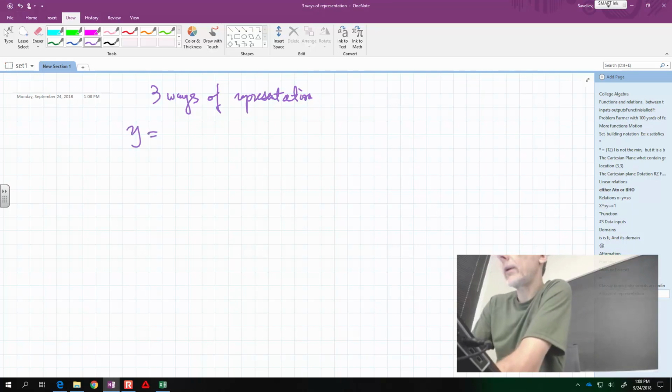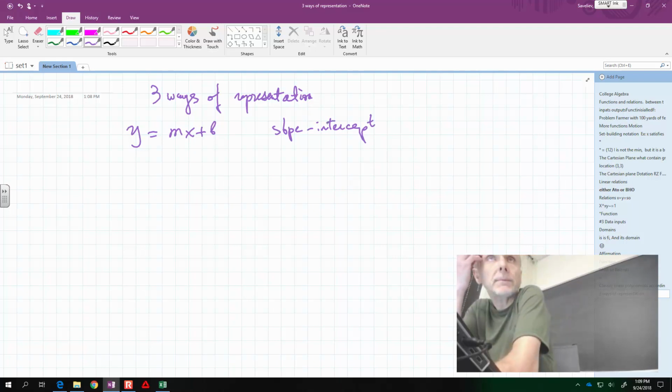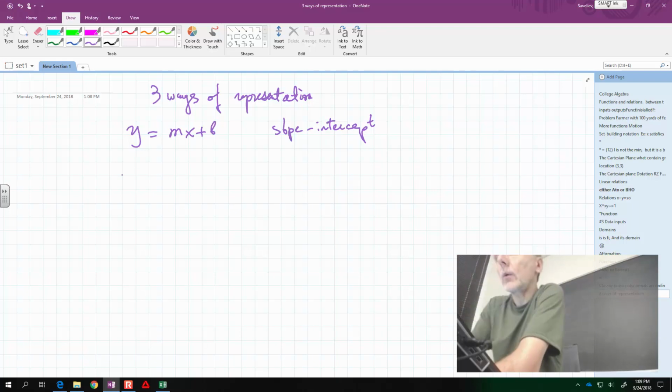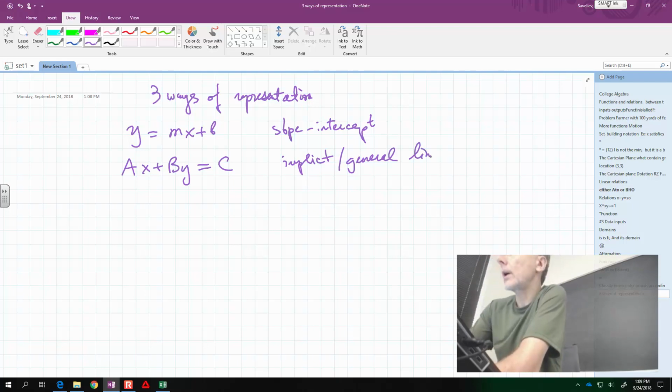First, y = mx + b, the most recent one, slope-intercept. Then from earlier, we had ax + by = c. That's implicit, or the general equation of the line.